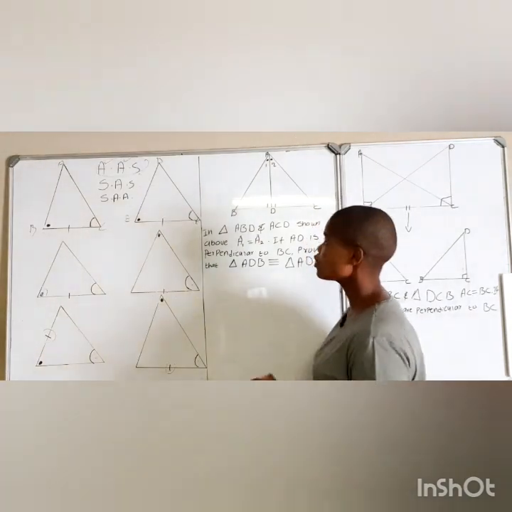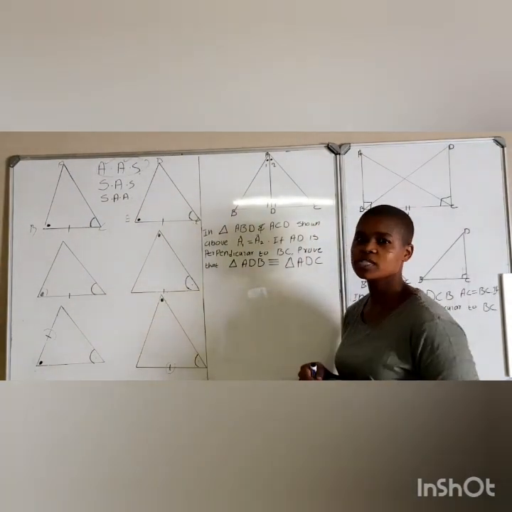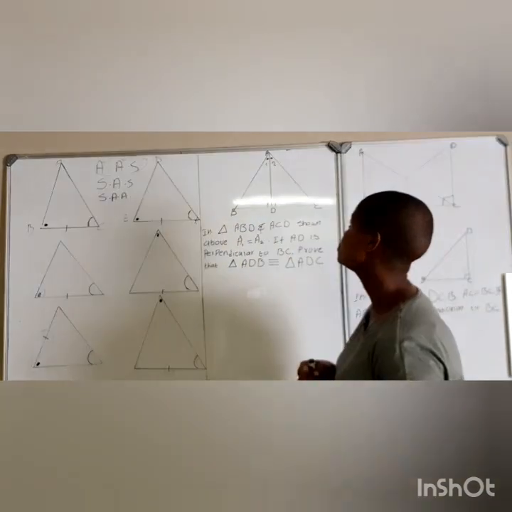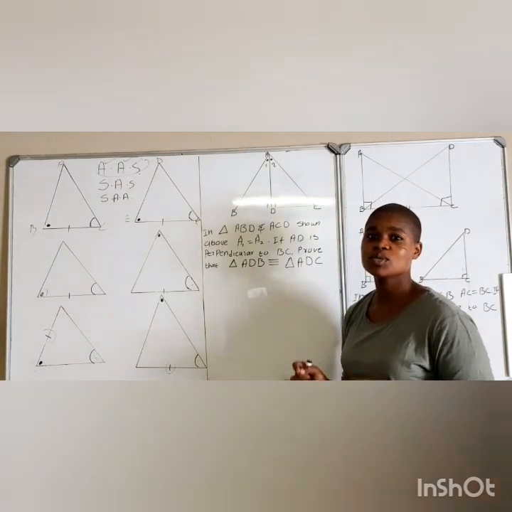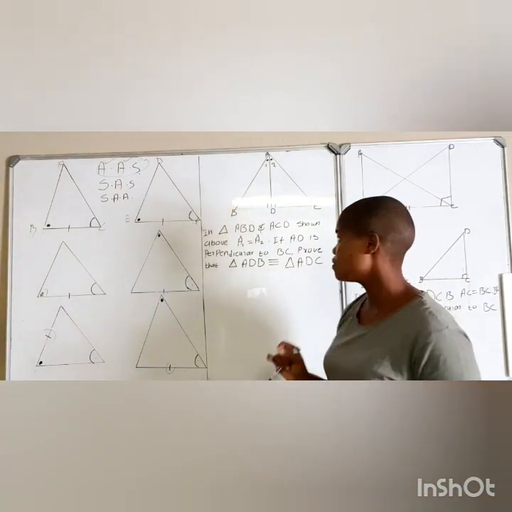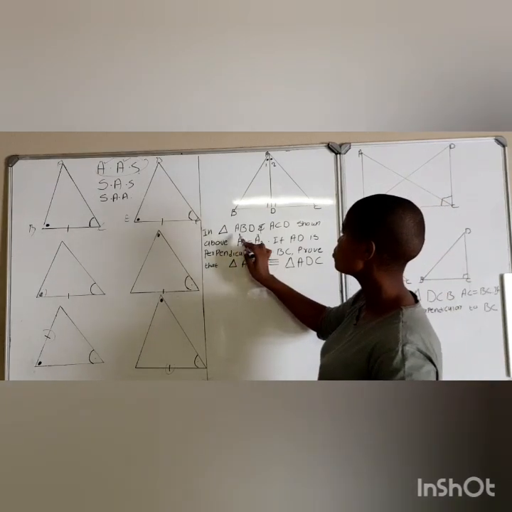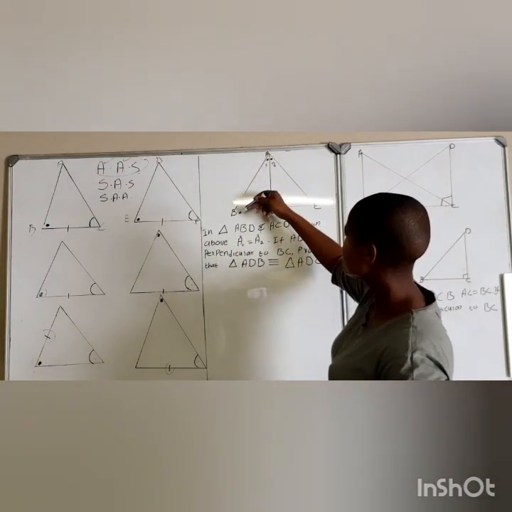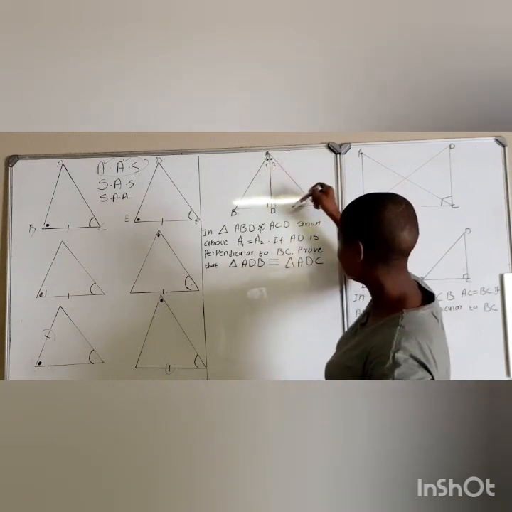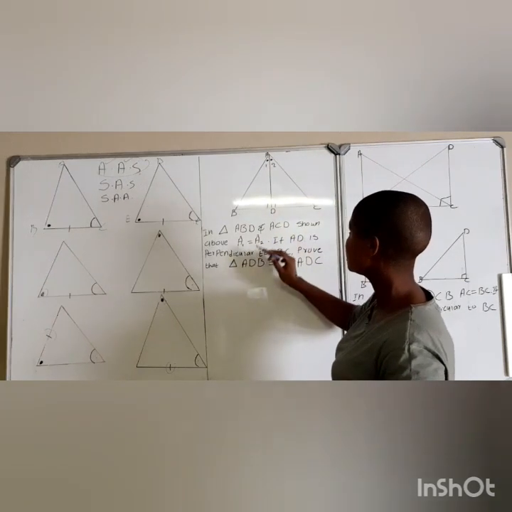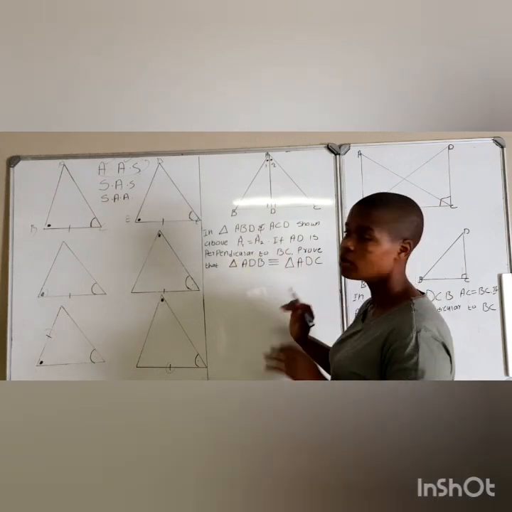Okay, boys and girls, with all that said, let us go and prove congruency on these two triangles that we are given. Remember, guys, you must always work with the information given to you. They are saying that in triangles ABD and ACD shown above, angle A1 is equal to angle A2.